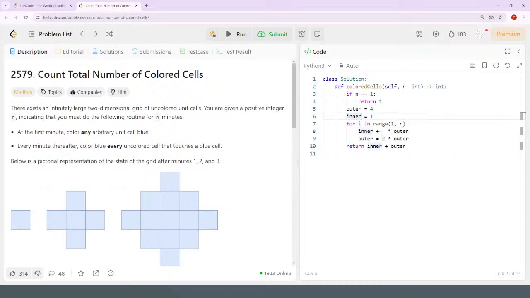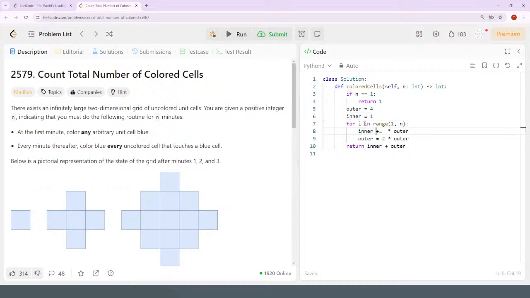Okay, let's go with maybe instead of outer, let's go with previous is 1, and the outer the previous is. So starting with this one, the inner is 1. And the outer is 4. Let's go with this.